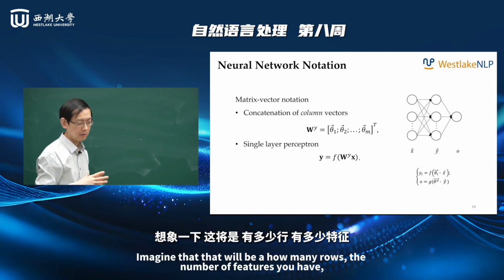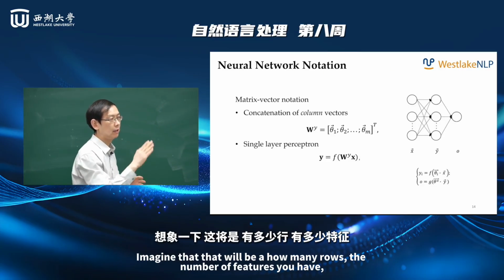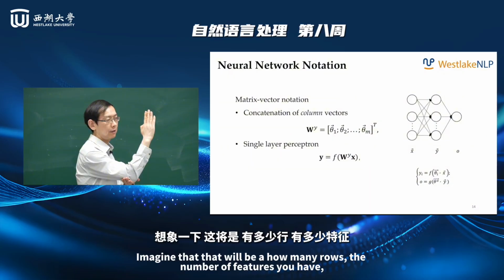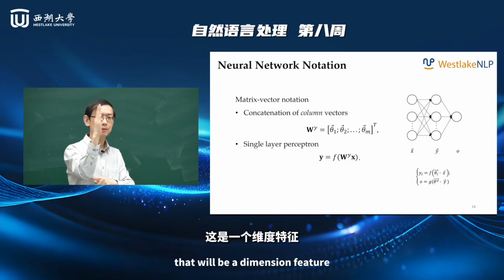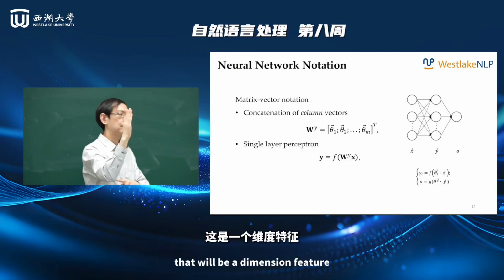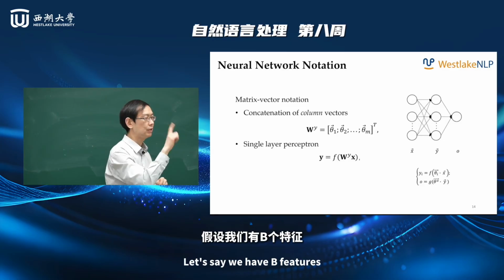Imagine that. How many rows will that be? The number of features you have, right? The number of rows we have. How many columns? M columns, right? Let's say we have D features.